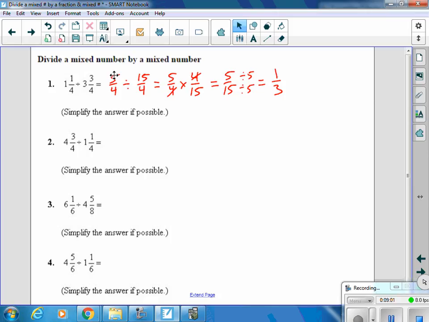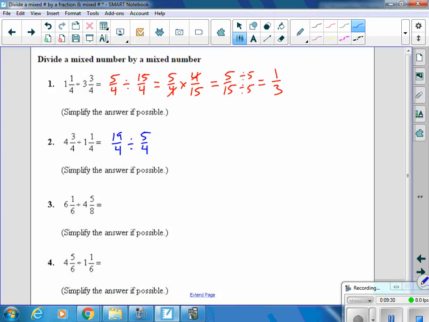Okay, looking at number 2. Again, we need to change both of the mixed numbers to improper fractions. So 4 times 4 is 16, plus 3 is 19. So 4 3/4 becomes 19/4. And then 1 and 1/4, 4 times 1 is 4, plus 1 is 5 again. So 1 and 1/4 becomes 5/4.